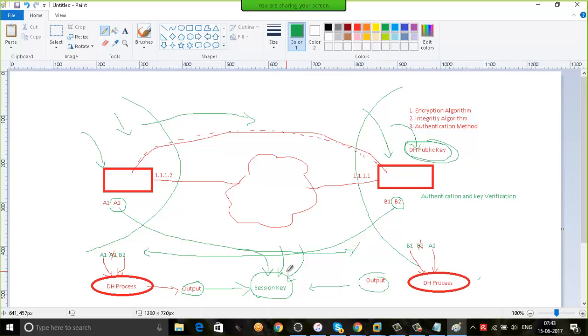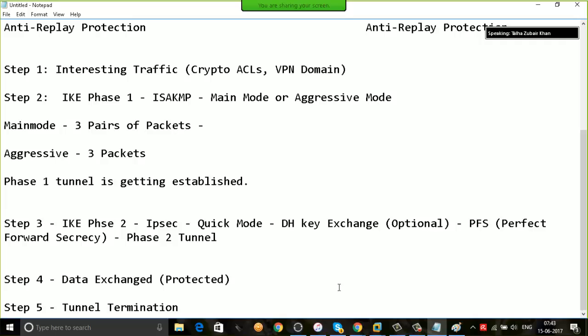The session key is what we will be using for data protection. And how long can I keep that key? There is a choice where the tunnel can be terminated or the key regenerated. This could happen by specifying the time or the load of data.